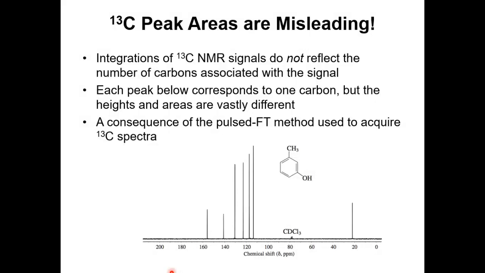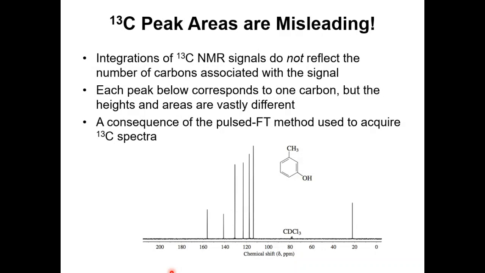Because we know every signal corresponds to one carbon, but the intensity is different. So the intensity of a carbon 13 NMR peak does not tell you anything. That's just an easier way to say it. Why is that the case? That's related to how carbon 13 NMR spectra are collected.